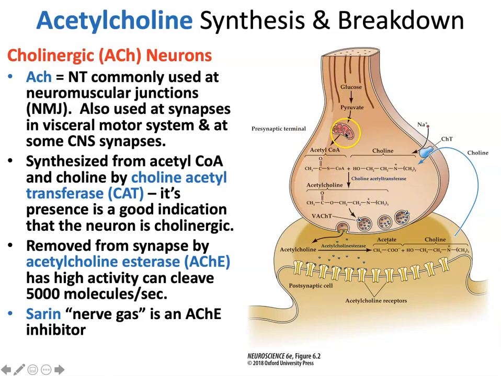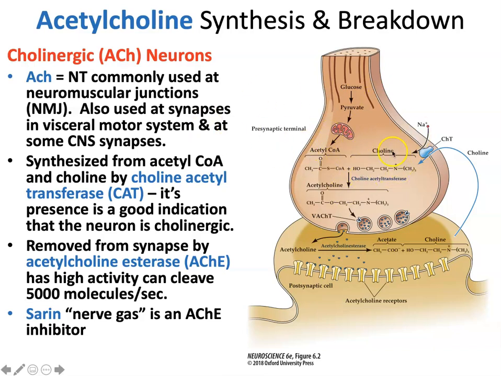For those of you taking cell biology, you'll notice, where do we get acetyl-CoA from? We actually utilize acetyl-CoA during cellular metabolism. The metabolism of sugars is also important for neuronal function. This is just one example where acetyl-CoA will be utilized from metabolic processes.